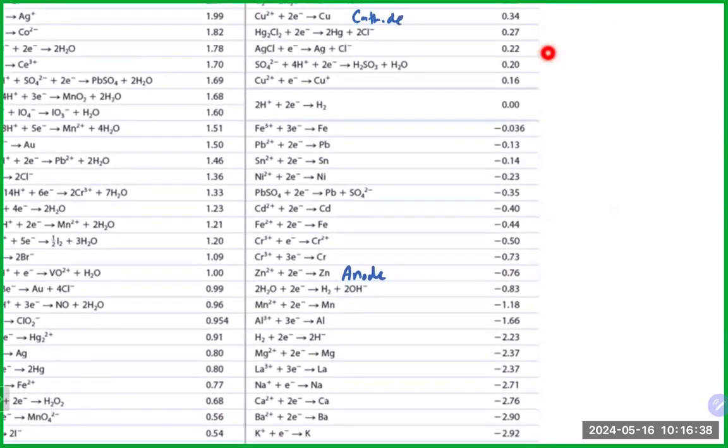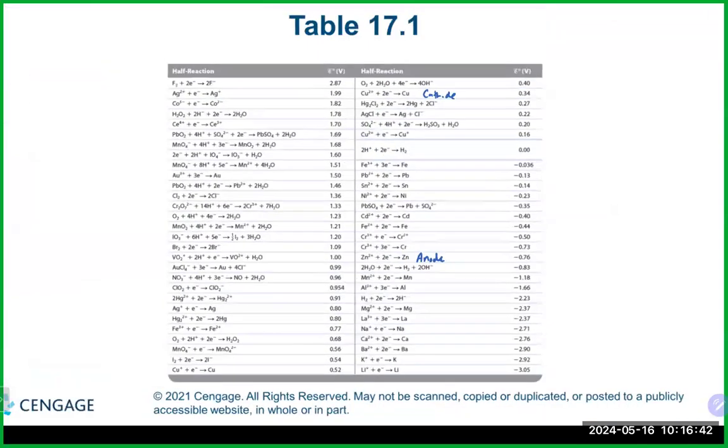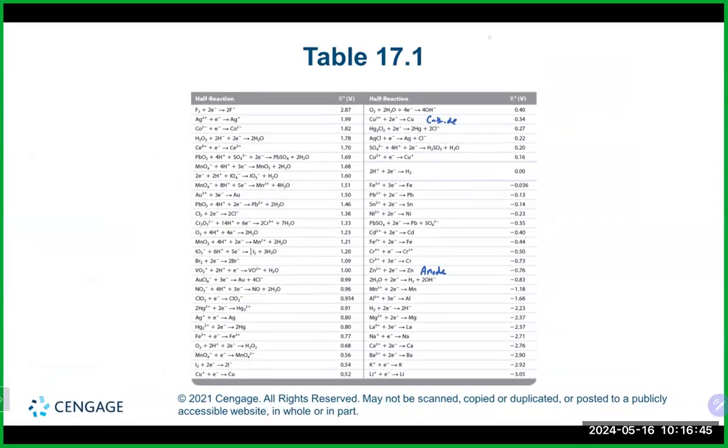So when we look at these reactions and pull out these, we will have our copper 2 plus, plus our 2 electrons going to our solid copper, and our SRP value, 0.34 volts.